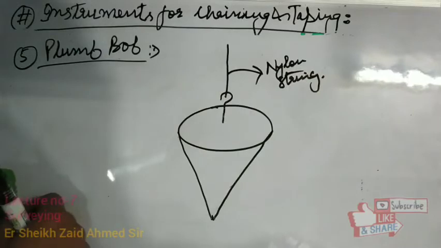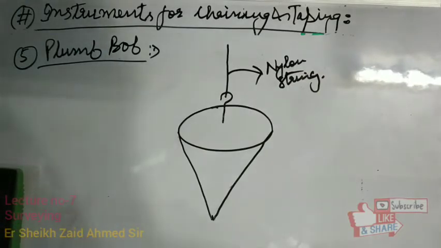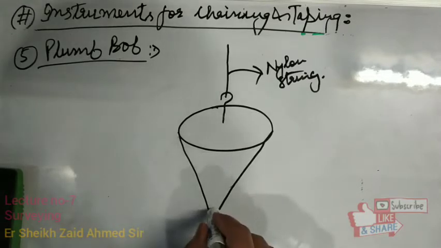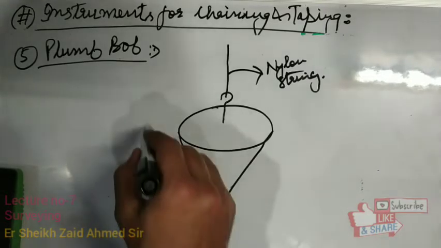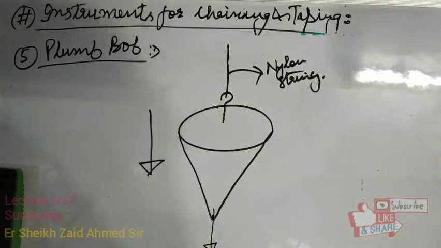So what is the function of the plumb bob? It plays a very important role in surveying, as a freely suspended plumb bob always points towards gravity. It indicates the direction of the vertical line.